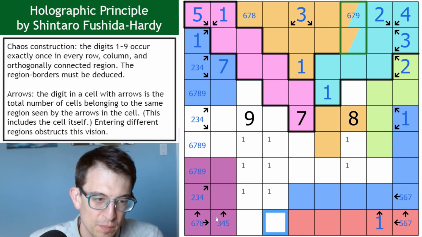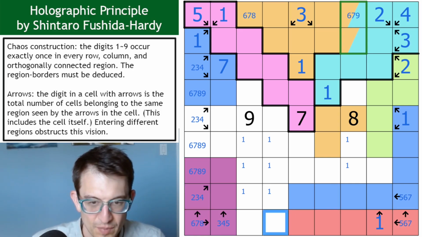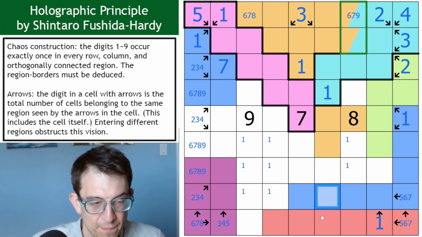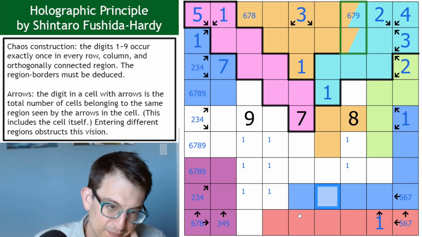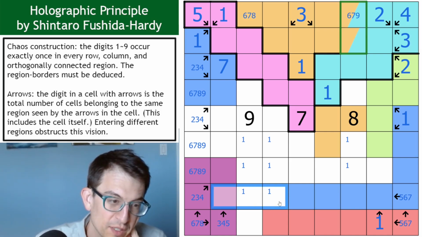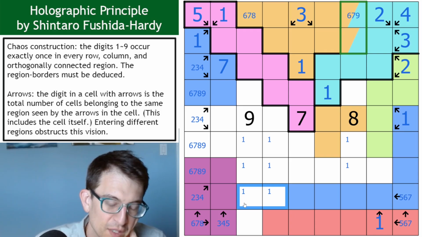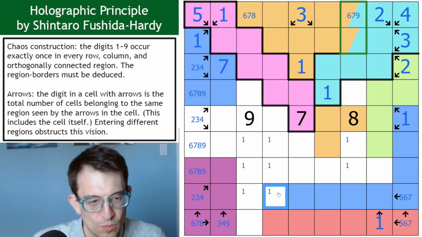This can't be maroon. So this has to grow. Easy. That's red. And it's got to grow more. Oh, and one of these is a 1. So if red tried to grow up through here, let's say this is not red.